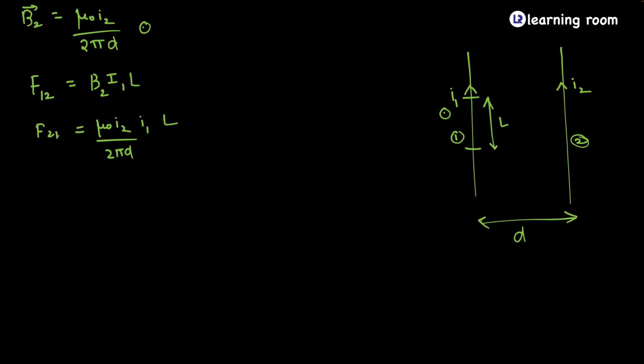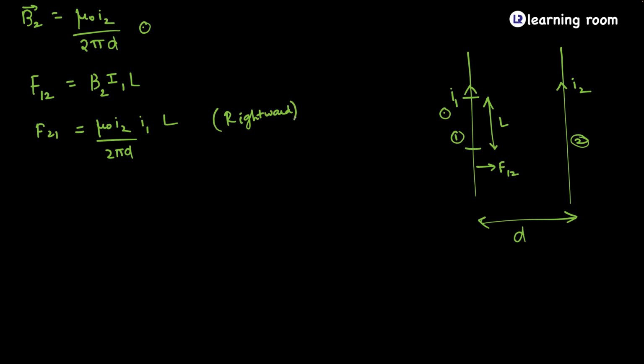Now I will find the direction. There is the direction of field. The direction of current is upward, and I extend my thumb. The thumb is going to be in the rightward direction. So the force experienced by the first conductor due to the second, F12, is going to be in the rightward direction. Are you able to understand?